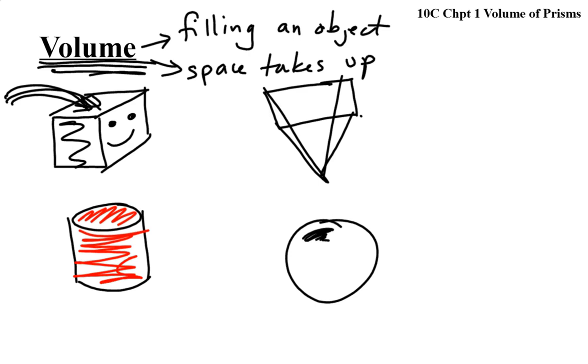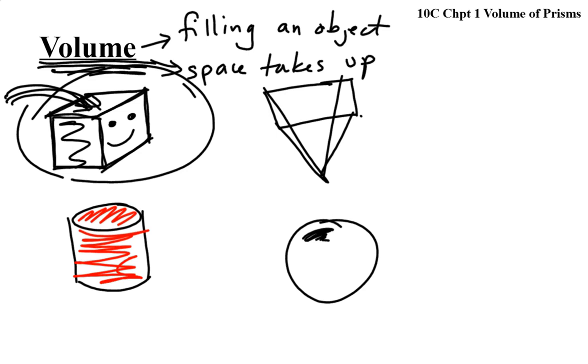Let's be honest, the amount of space inside my head is pretty small because it's so full of brains. So there's not a lot of space left because the volume of my head is full of brains. But also, my head takes up space in the environment. I've been told I've got a big fat head, so my head takes up a lot of space. Both of those could be thought of with volume.